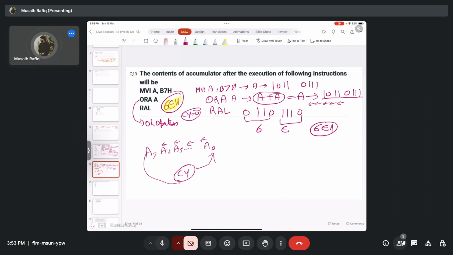Any doubts in this question? Please let me know. So this was question number 13, right? Yeah, so the answer was, let me just write the answer, 6E.